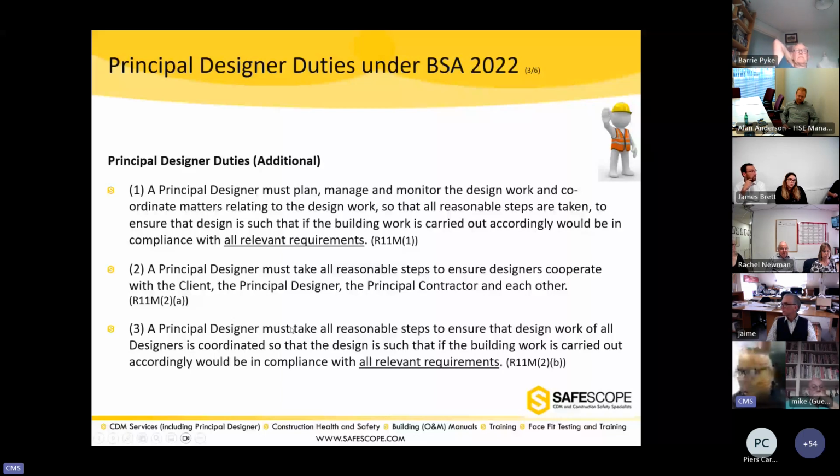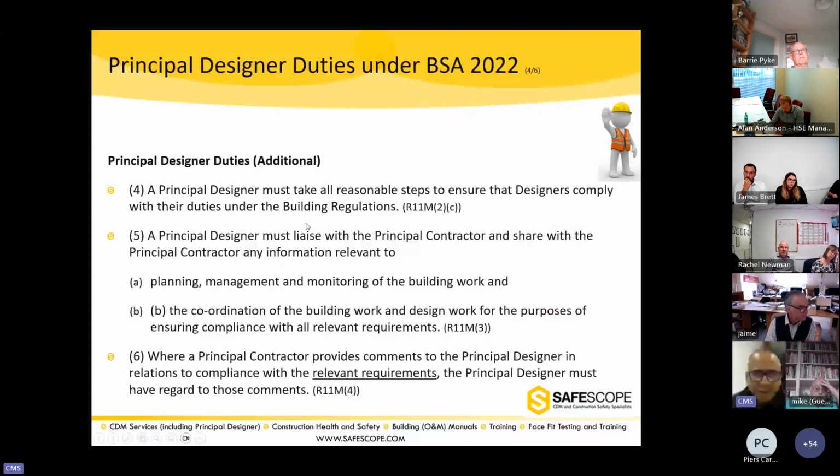Fair enough. A principal designer must take all reasonable steps to ensure the design work of all other designers is coordinated to ensure the design is compliant with all relevant requirements, which is fair enough. A principal designer must take all reasonable steps to ensure the designers comply with their duty. Now, how do you do that?